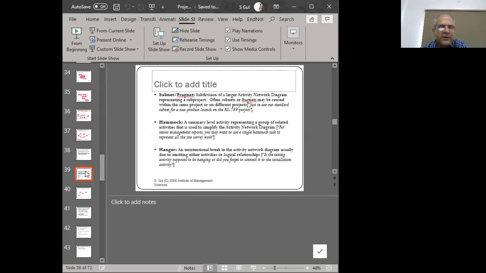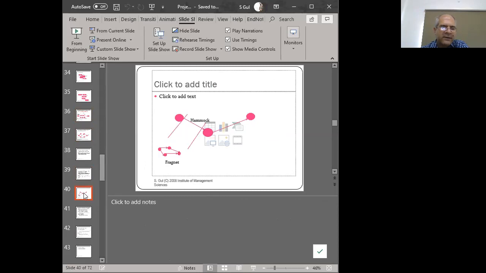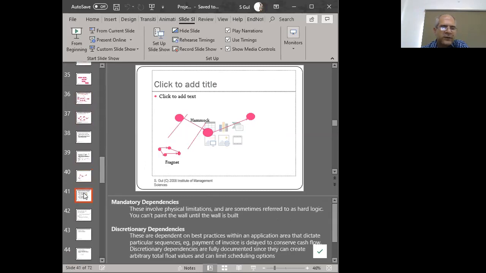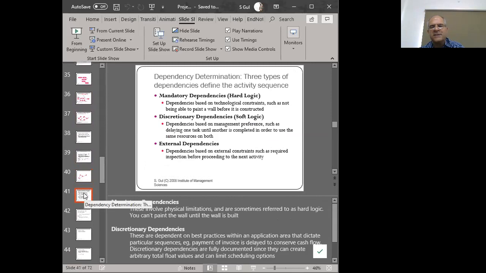If you find a particular arrow that starts from a node but is not connected to an ending node, then we call that a hanger. And we shouldn't have hangers in our diagrams. So if a hanger exists, you need to make sure that you connect it to some terminating node, right?